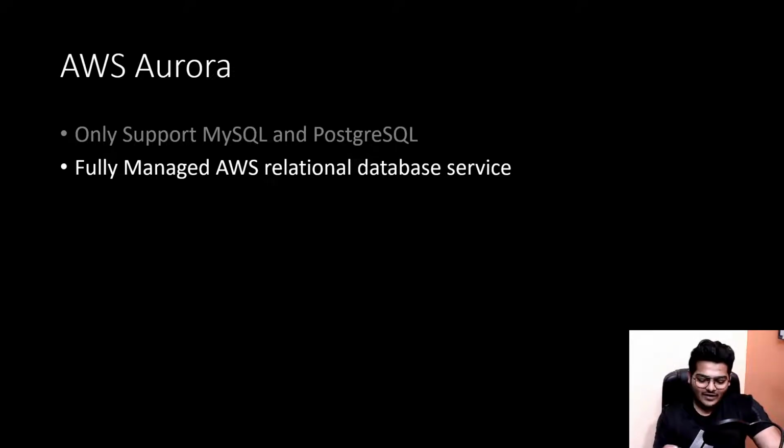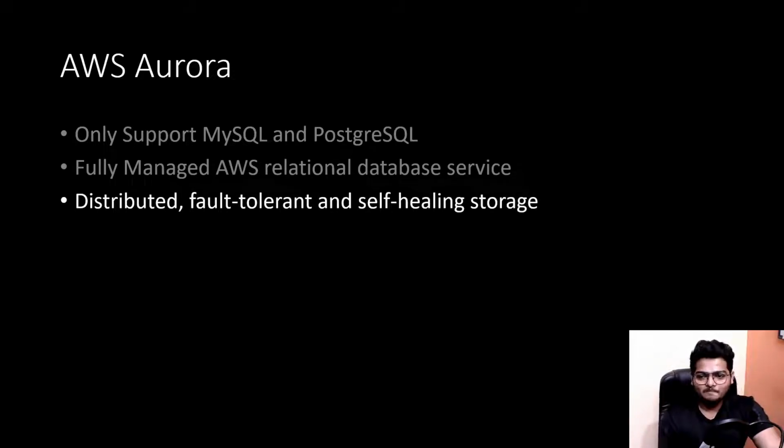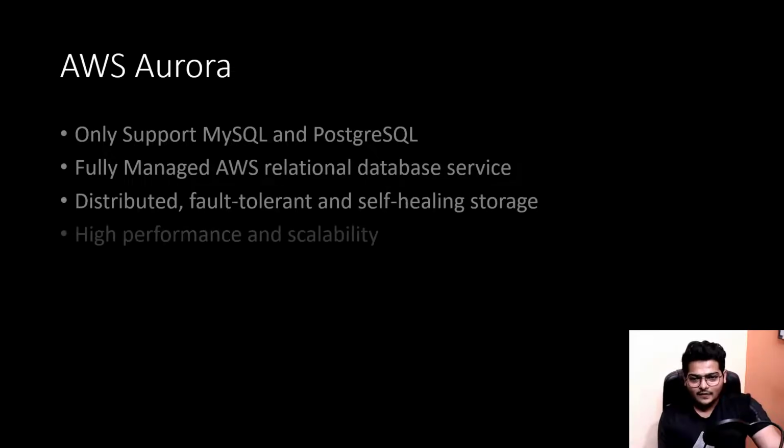Unlike RDS, where you create a database instance, in Aurora you have to create the cluster first and then you create reader and writer type instances. If you want to know more about it, you can definitely check the documentation, which will give you a better idea.